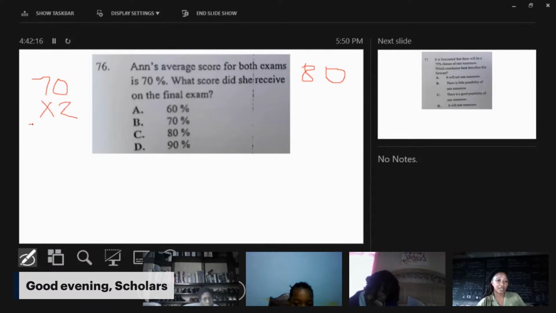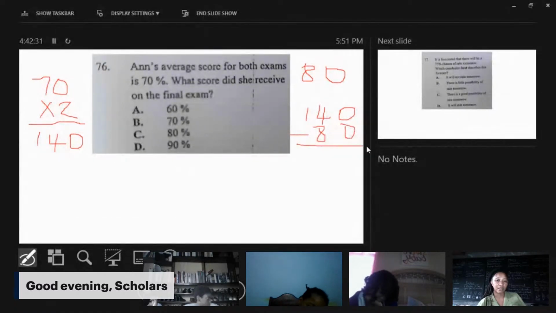So if her total was 140 and one of the exams was 80, the other exam has to be 140 minus 80. So she scored 60%. And if we want to check that, 60 plus 80 is 140, divided by 2, that's the average, 70%.